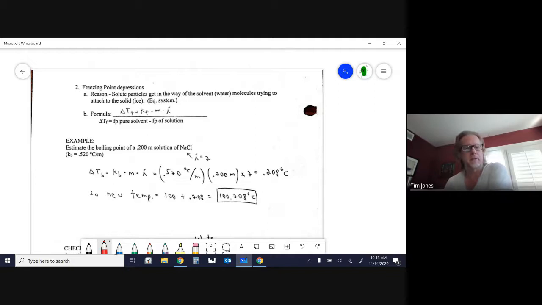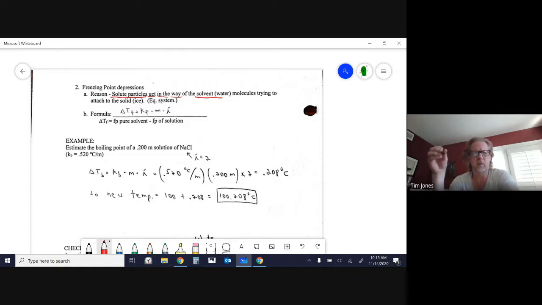All right, next section. All right, freezing point goes down. It again has to do with the interaction of the solute particles and the solvent. Now it says they get in the way. I don't really know if I like that phrasing very much. I mean, to some extent, the solute does get in the way of the solvent finding each other, because of course, if the solvent is trying to freeze, that's when it is interlocking with its other pieces.